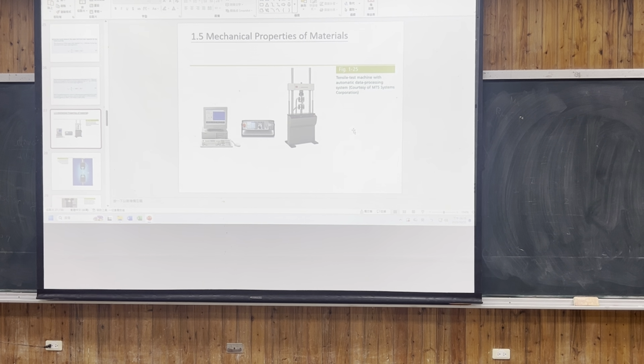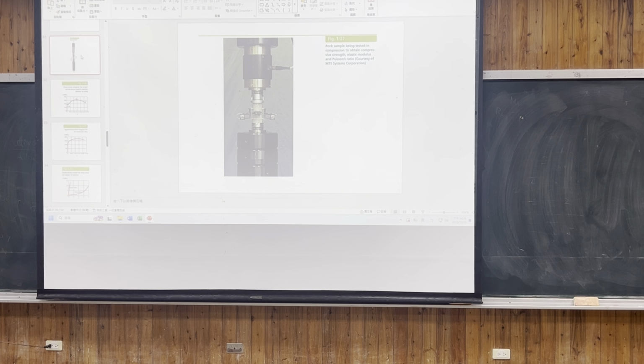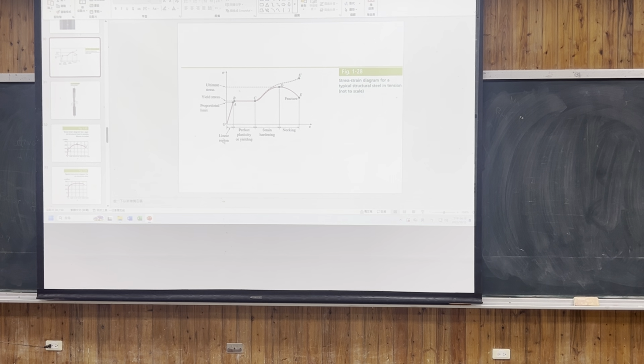And this is a tensile test machine, but I'm not really sure whether the exam will cover what we do in the experiment or not. So this is a stress-strain curve.